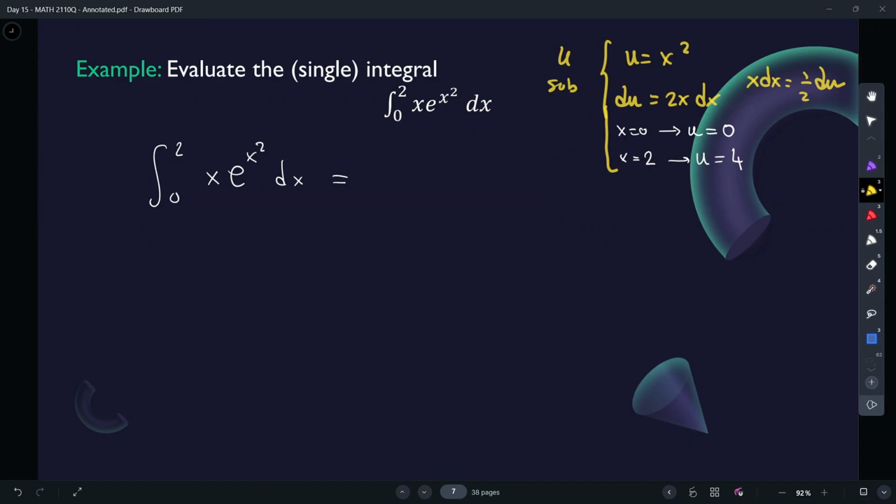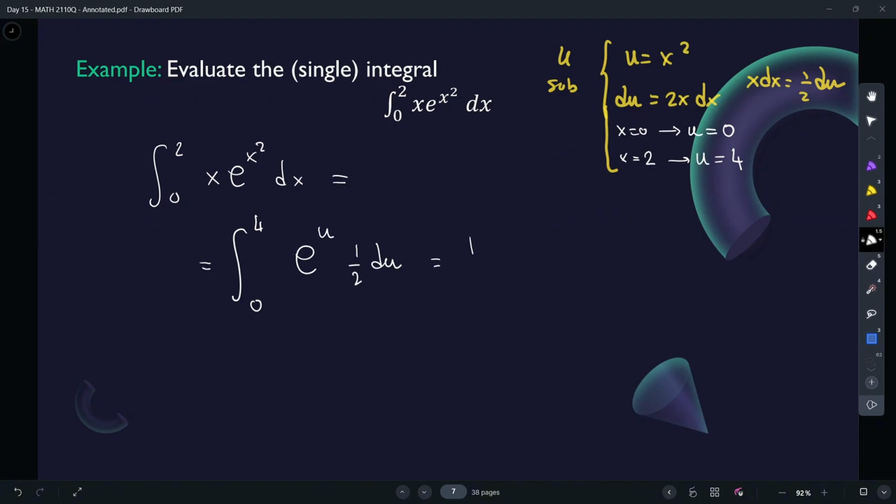That factor of a half is telling me that when I'm going to integrate in a different interval, I have to count things slightly differently so that the integrals actually match. So if I follow now the u substitution, in u, I have to go from 0 to 4. X dx is a half du, and e to the x squared is e to the u.